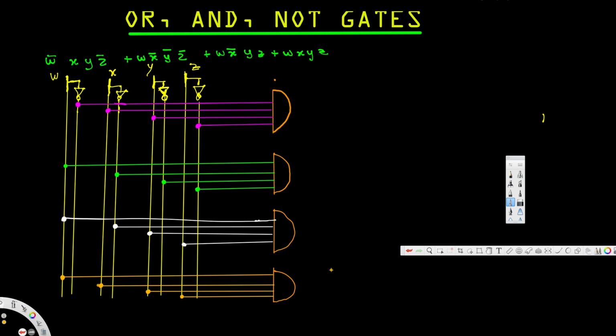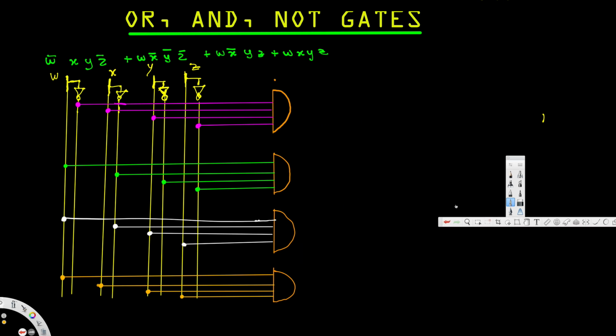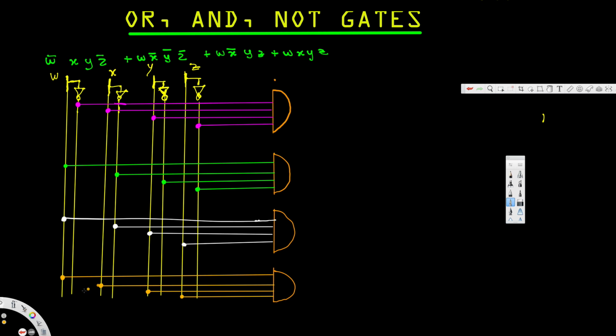Now we have to connect all of them to an OR gate, because these 4 are added. This addition means OR gate, right? So we have to combine these 4 to an OR gate, and the OR gate will look like this.